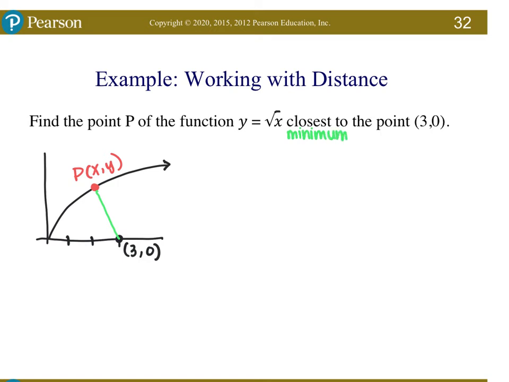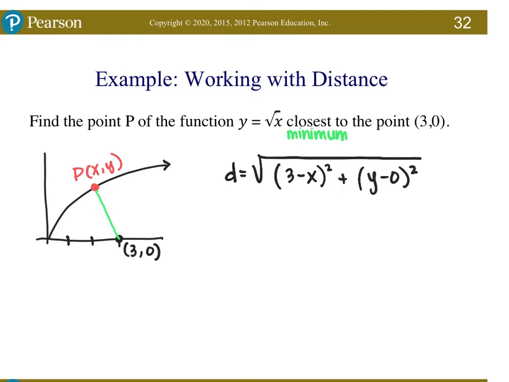Okay, well, how do we find the closest distance? So d equals the square root of, all right, we need the equation. So I'm going to do the two x values. So that's 3 minus x, quantity squared. And then the two y values, the taller y value is y minus 0, quantity squared. But what can I replace y with?